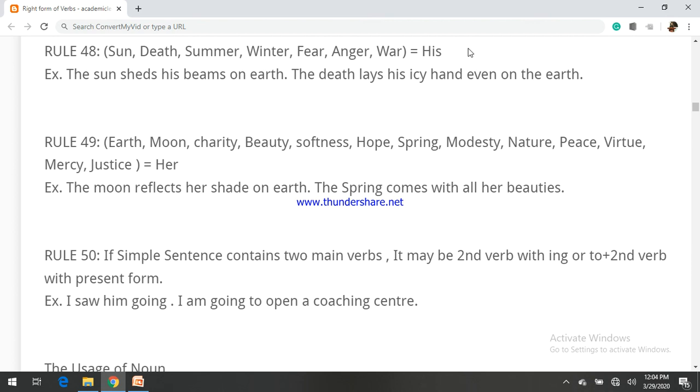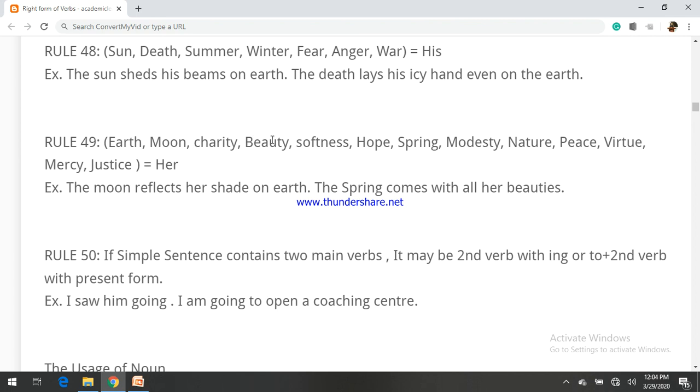That's why the pronoun should be his. But earth, moon, charity, beauty, softness, hope, spring, modesty, nature, peace, virtue, mercy, or justice are compared to women. That's why her. The qualities of sun and death are not soft or rude. That's why the pronoun should be his. These words are compared or shared with man.